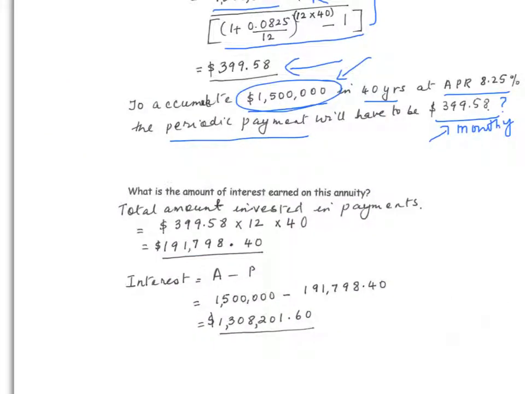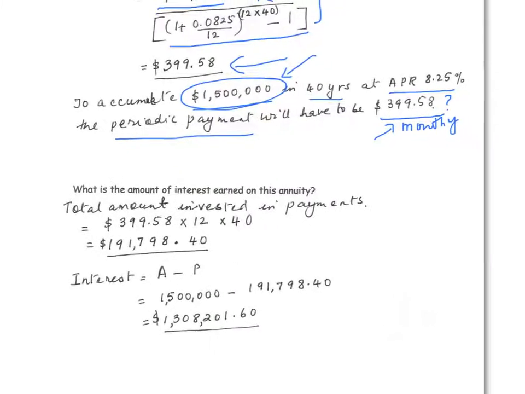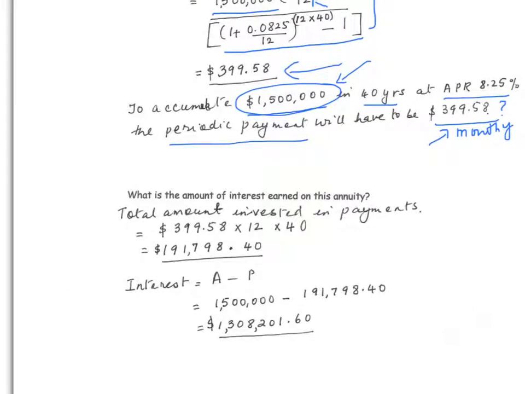Just like the previous problem, now the second part of the problem is to figure out what is the interest amount that is earned in this case. So we know what the accumulated amount is. We again need to figure out what the total amount is that we put into the account in the form of monthly payments. So let's look at this calculation.